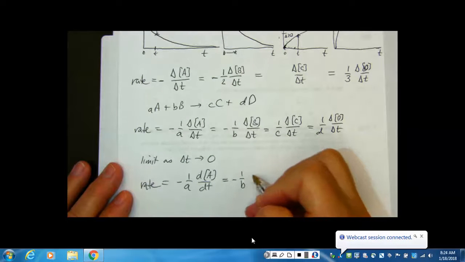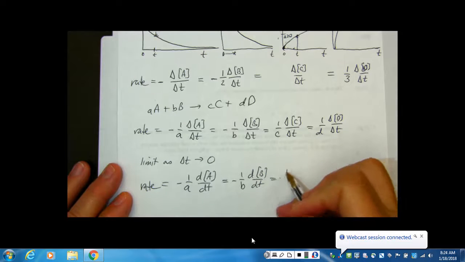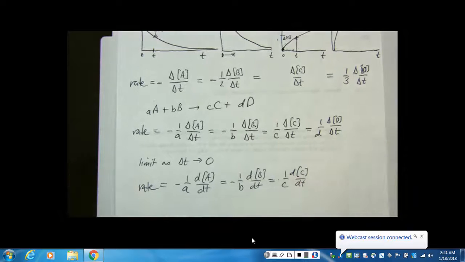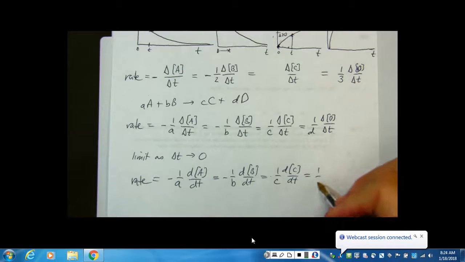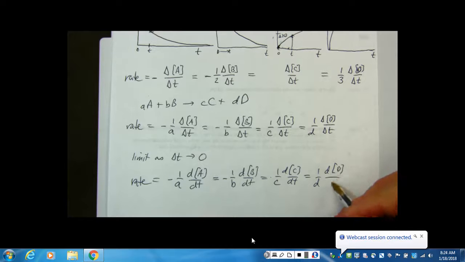It's minus 1 over B dB dt, which is equal to 1 over C dC dt, which is equal to 1 over D dD dt. All right, so in calculus, what does a derivative represent? It represents the slope. All right, so I gave away the answer.